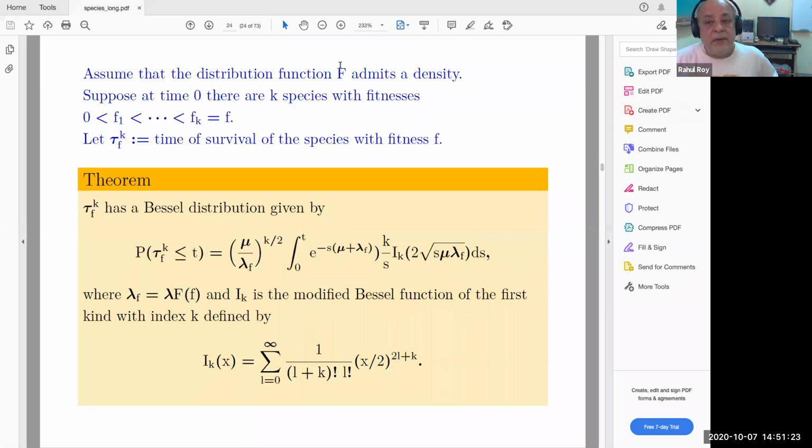And assuming that F admits a density, suppose at time 0 there are k species f1, f2, ..., fk in this order, with fk equal to f, and tau k the time of survival of the species with fitness f. Then they obtain a Bessel distribution of tau k, where this I_k is the modified Bessel function of the first kind with index k, which is given by this quantity.